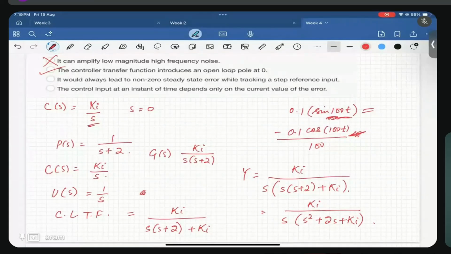So for this one you will get a non-zero steady state error to a unit step reference input. Okay, yes.